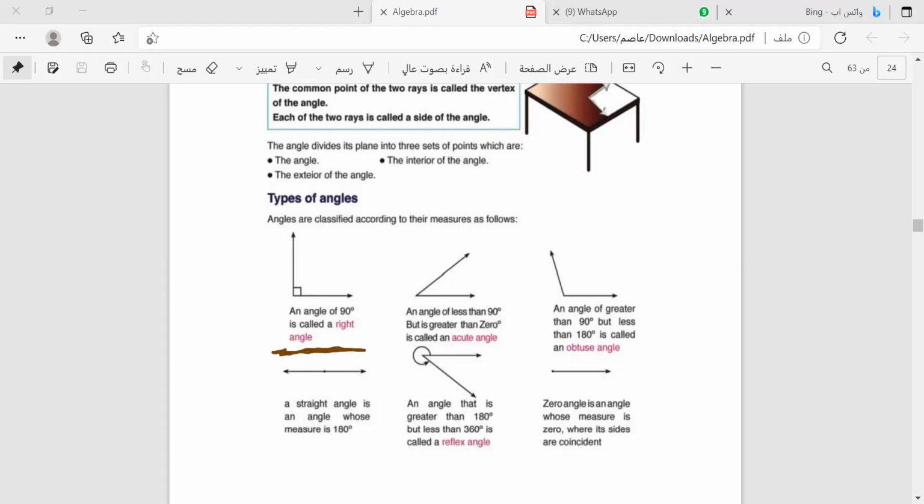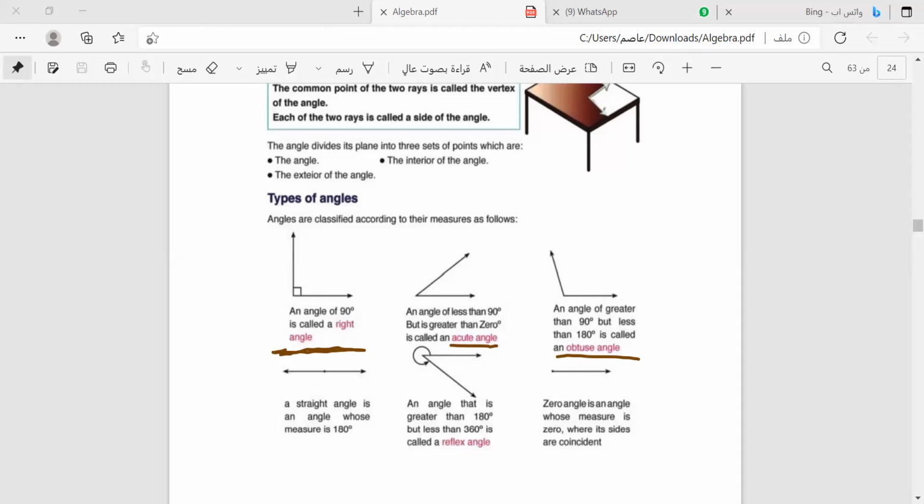The second type is called acute angle. Acute angle, its measure less than 90 and greater than 0. Acute angle less than 90 and more than 0. Obtuse angle. Obtuse angle is an angle more than 90 and less than 180.